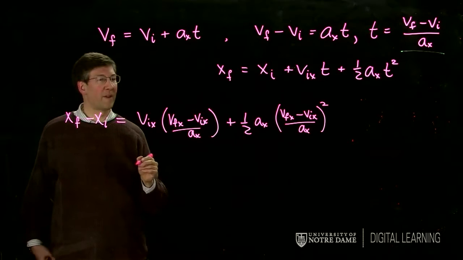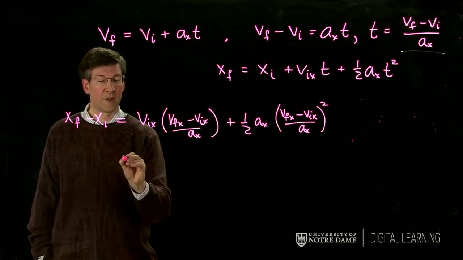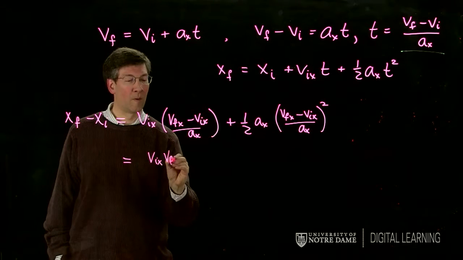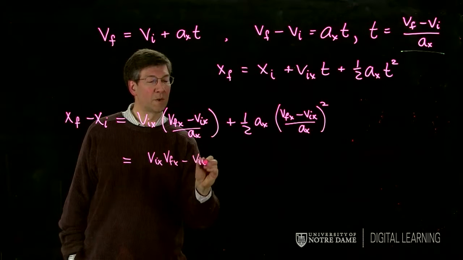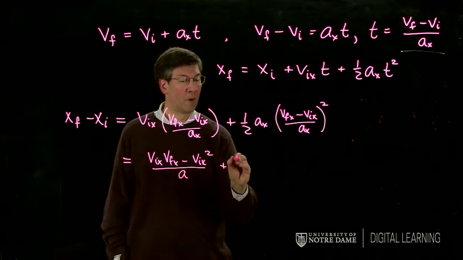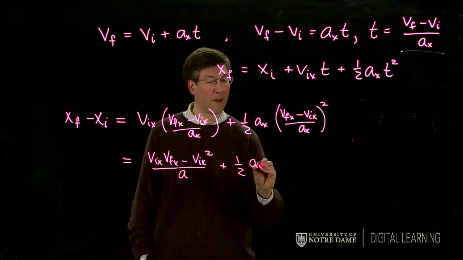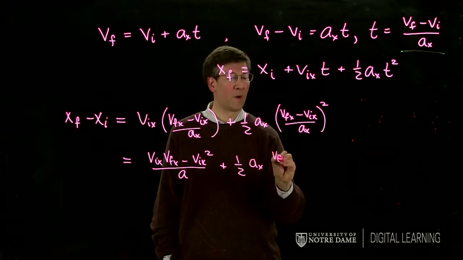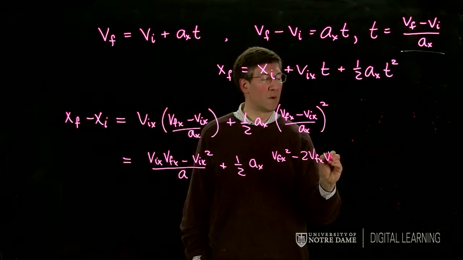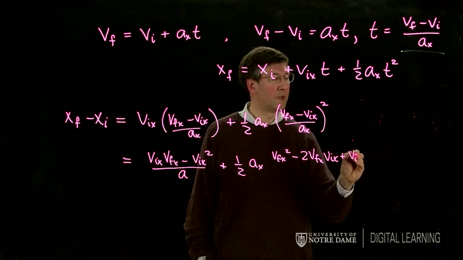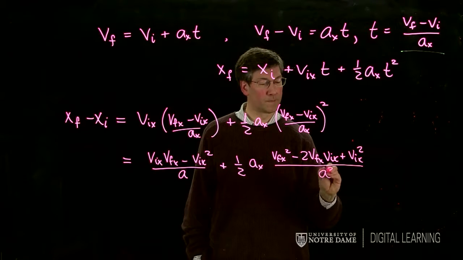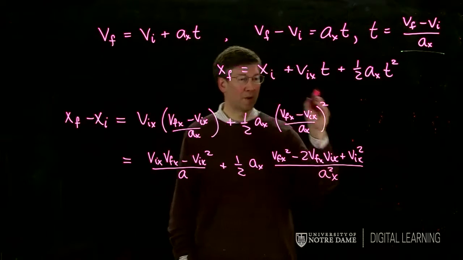OK, so now if we simplify this a little bit, this gives us v initial times v final minus v initial squared over a, plus 1/2 times a times v final squared minus 2 v final v initial plus v initial squared, all divided by a squared. So I just expanded this square here.